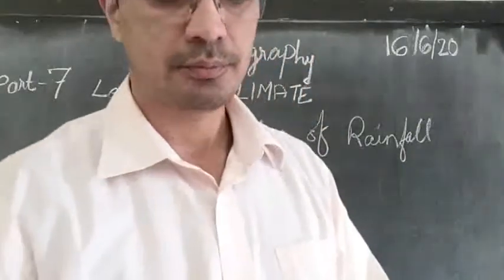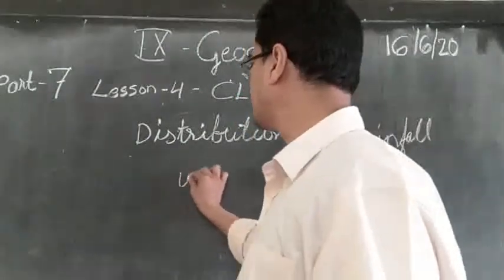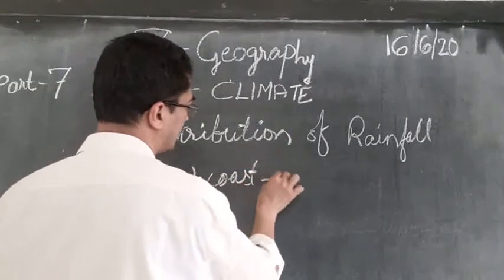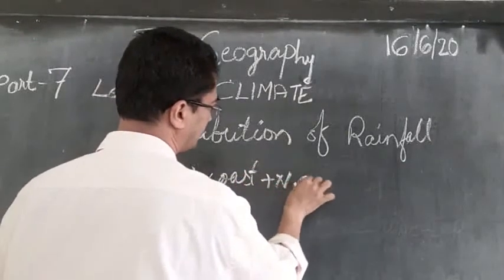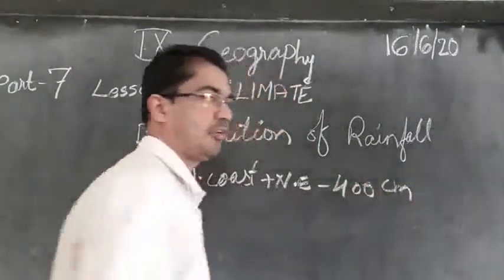So, the western coast and northeast, they receive 400 centimeters of rainfall.